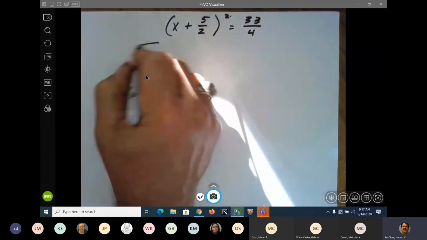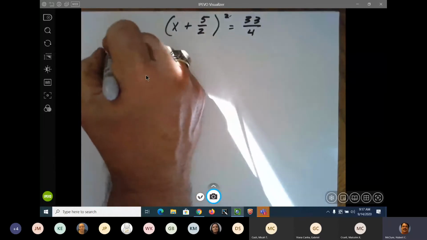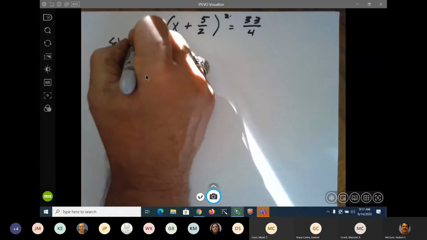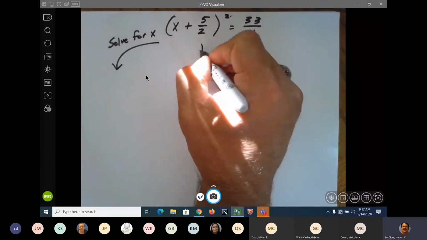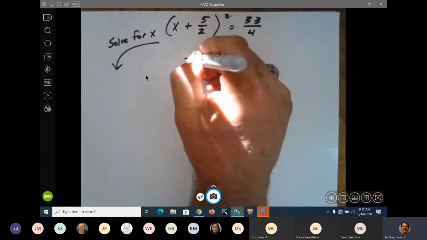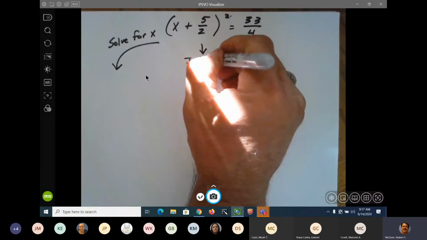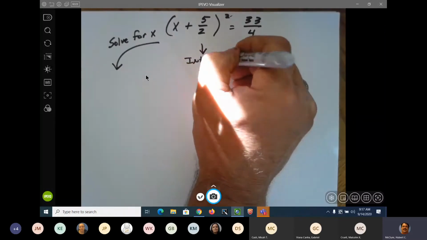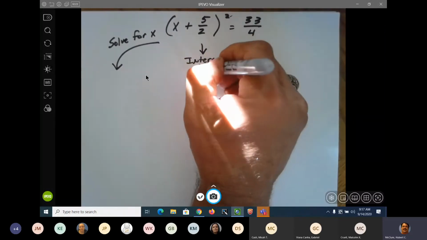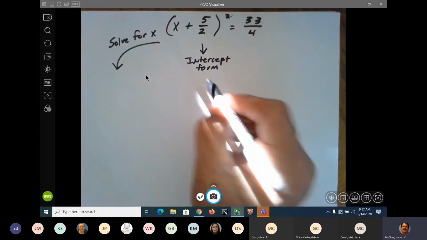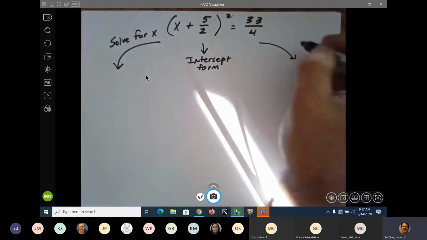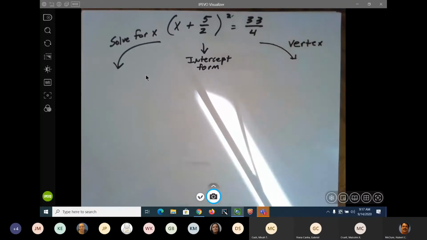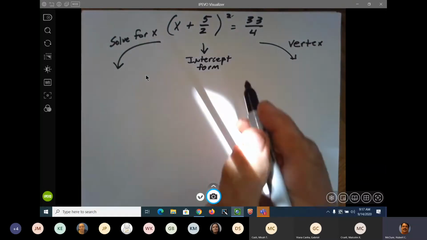Now one direction, we're going to solve for x. One direction, we're going to put in intercept form, because the homework and the test sometimes wants you to put it in intercept form. And over here, we're going to write the vertex down. So these two are the easiest.